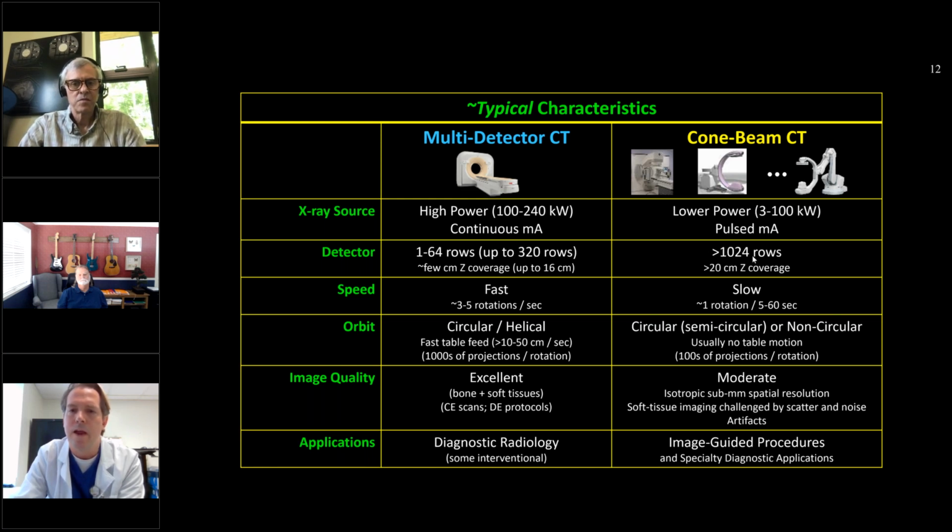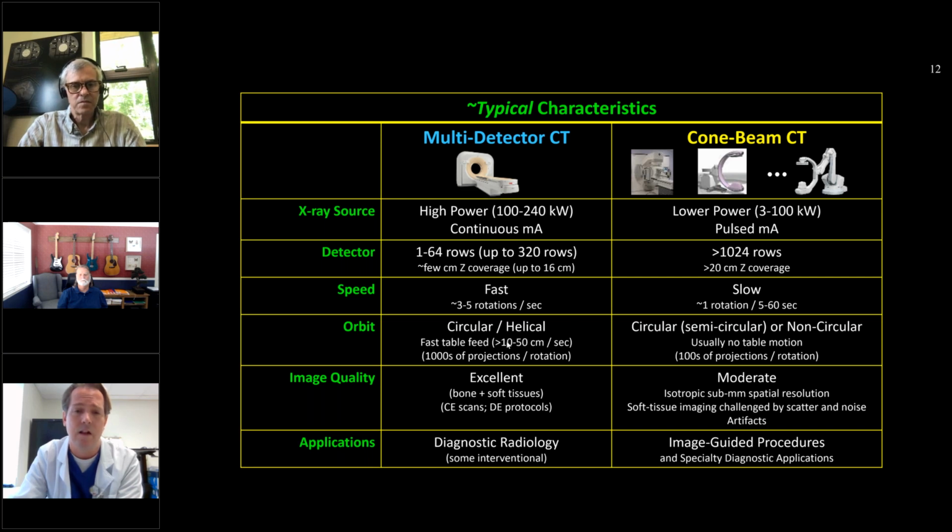You have a greater number of rows, a large volumetric coverage, and you get that entire volume in one sweep of the scanner. Rotation speed tends to be very fast in helical CT and relatively slow in cone beam, by an order of magnitude. So whereas helical CT is going at 3, or let's say 5 rotations per second, a cone beam system might rotate once in 5 seconds. And in fact, that would be fast, typically more like 30 seconds or 60 seconds for a rotation.